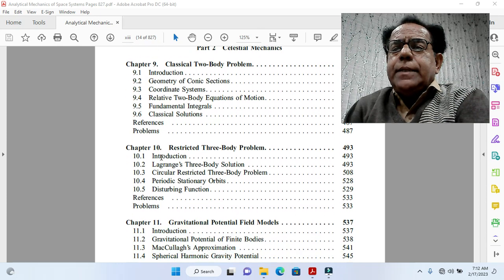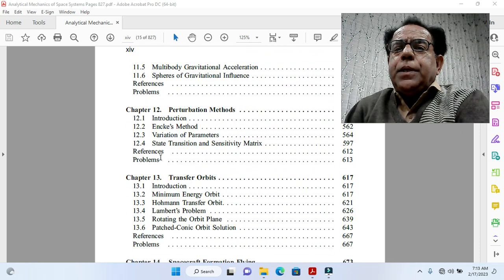Chapter number 10 is restricted three body problem. Chapter number 11 is gravitational potential field models. Chapter number 12 is perturbation methods. Chapter number 13 is transfer orbits.